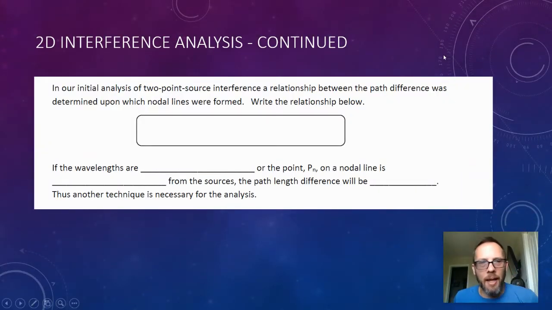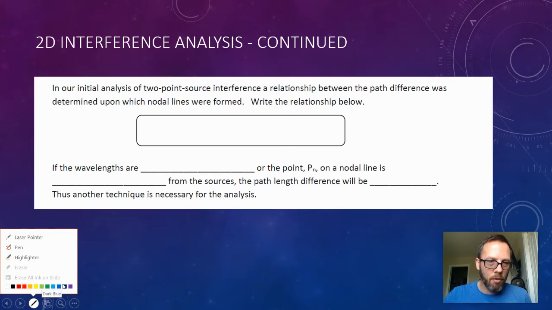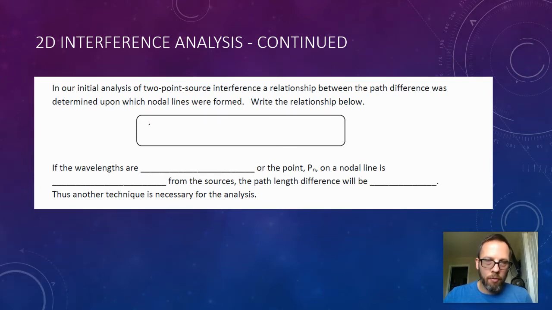In our initial analysis, the path differences depended on the nodal lines. The relationship we found before for the path difference was this: take a point on the nodal line, the distance from that point to the first source minus the distance from the same point to the second source.